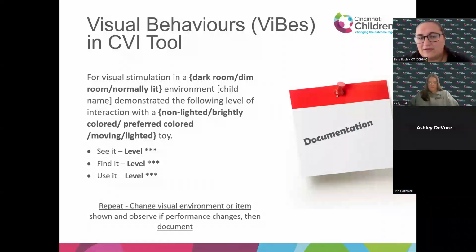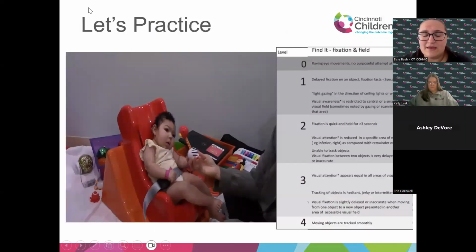And then you can give their levels for the see it, find it, use it. Then say I make a change and I want to see how their response would be in a lit room. I would just repeat that phrasing here, change the setup, and rescore it. And you can see the difference in performance and function between trials. I think it's a nice way to document that.